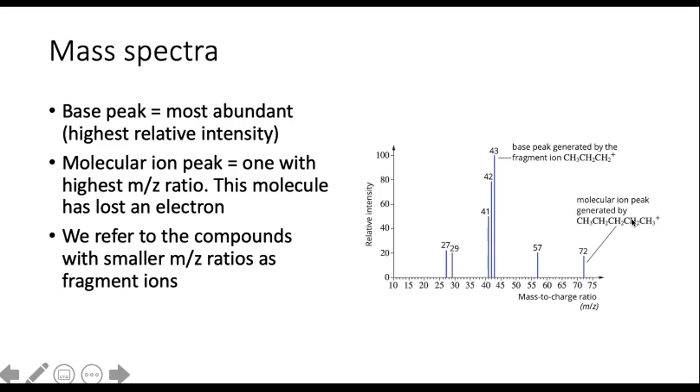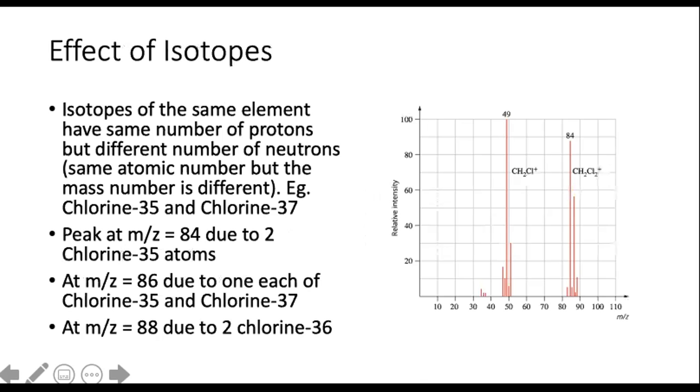That's why we've also got a lower mass to charge ratio, because we've lost that CH2, CH3 group. The molar mass from here to here has decreased, and that reflects on the mass spectrum.